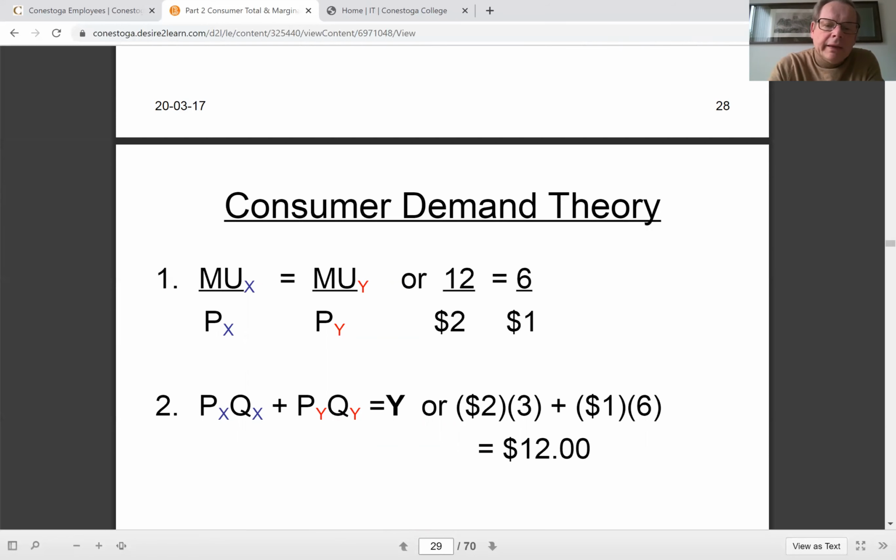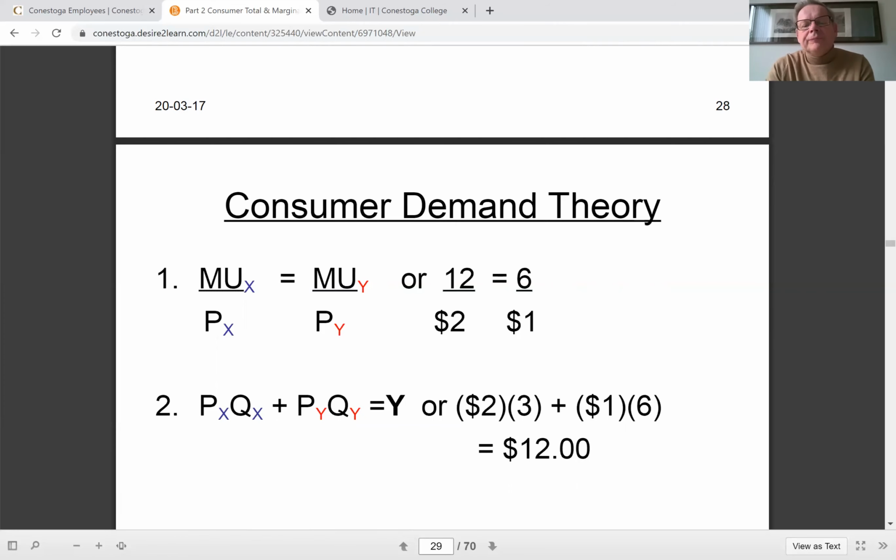If you take a look again at the table, the last X we consumed was unit number 3, and it gave us 12 additional units of satisfaction. So 12 divided by 2 is equal to 6. And if we go to the last Y consumed, which was the sixth Y, it gives us 6 additional units of satisfaction divided by its price, which is $1. So 6 divided by 1 is also equal to 6.